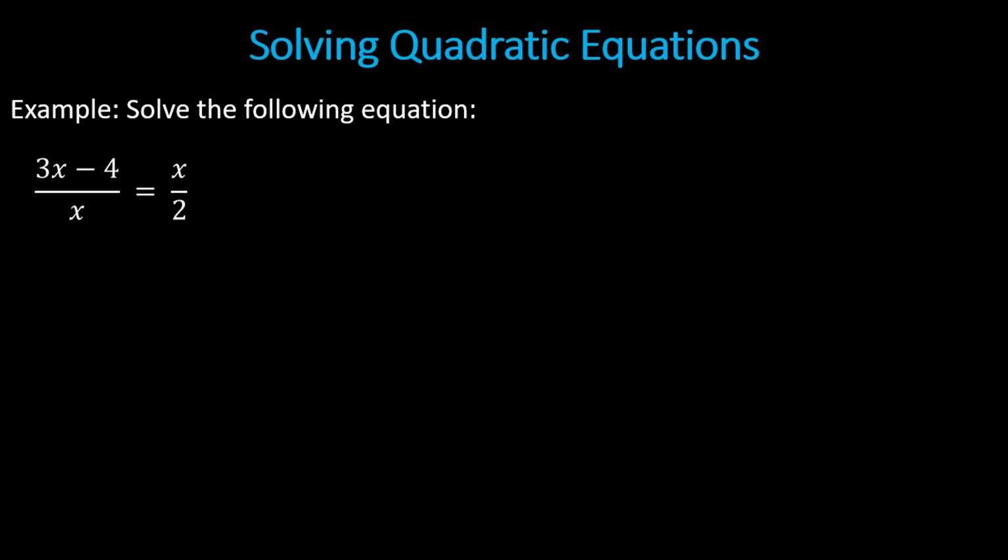So I'm going to start with this x. X times x equals the other way now. 2 times, you have to use bracket here, 2 times 3x minus 4.